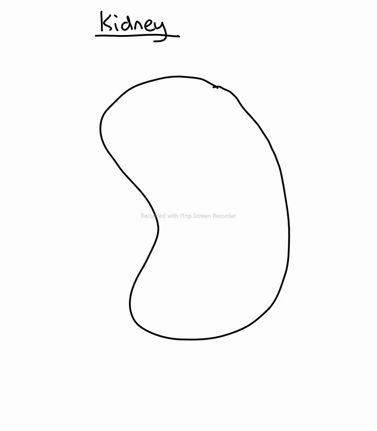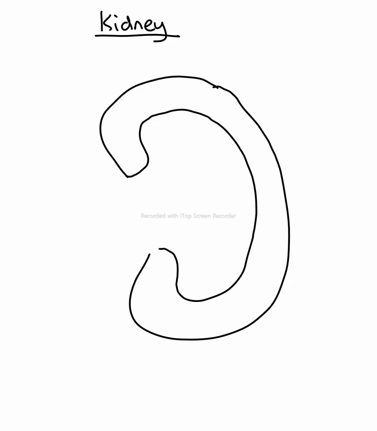Alright, what we need to do is remove this, and let's draw the cortex or the outside of the kidney. There you go. So that there is the cortex. It's the outside of the kidney.